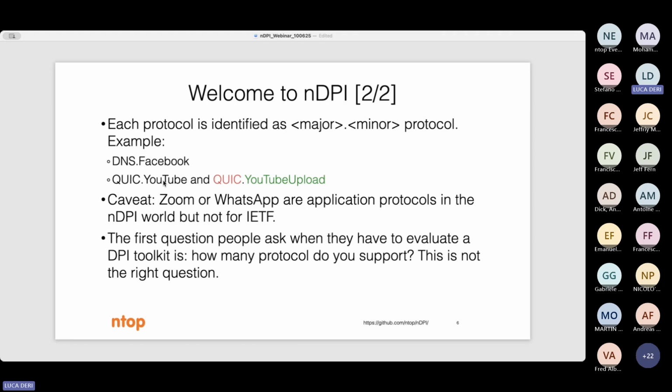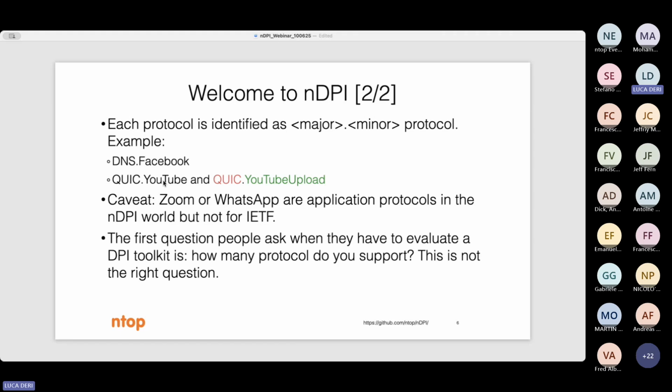People want to understand, or network administrators want to understand whether people are watching YouTube or doing something different, right? They don't care too much about the major protocol underneath. And many times we hear questions such as, how many application protocols do you support in nDPI? And we say, well, about 450.